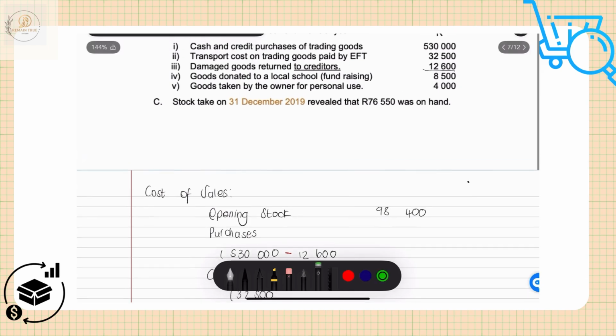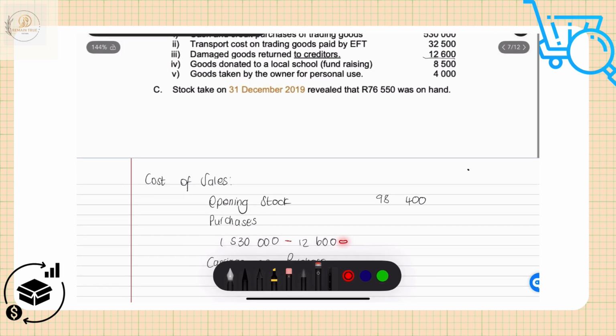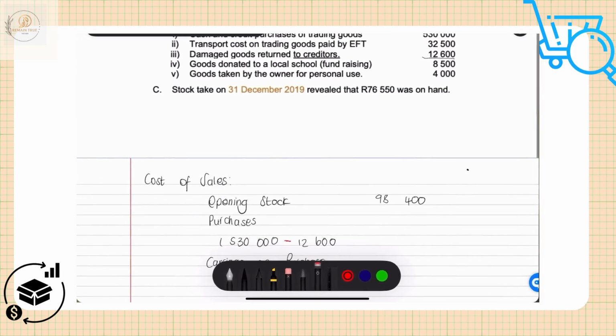Let's go to our next one. Goods donated. Remember we said net purchases takes into account donations. Goods donated to a local school. So we no longer have these goods on us. It's no longer things we bought and are holding with us. It's gone, so it's taken out of our purchases. So we're saying less again. How much?